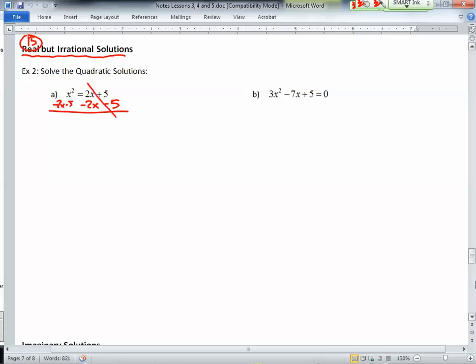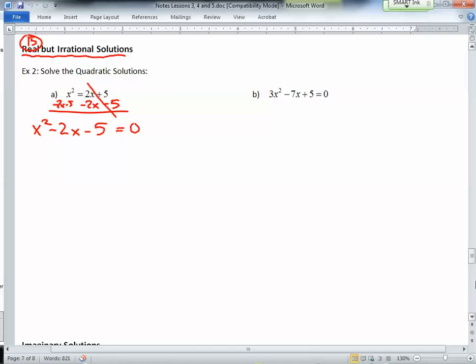This will all cancel out to 0, and I'll have x squared minus 2x minus 5 equals 0. Now it's in standard form because all of the terms are on one side with a 0 on the other, and I'm going in descending order for my exponents: x squared, then x, and then a constant. Cool?